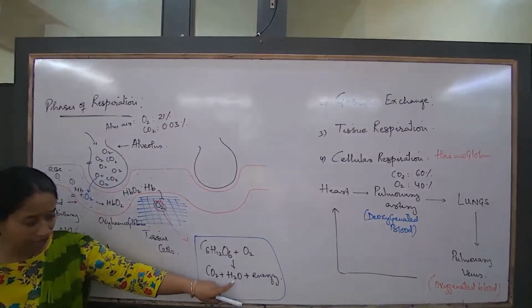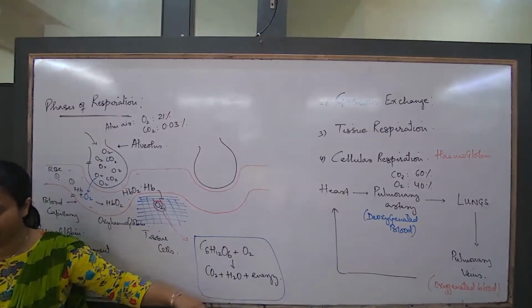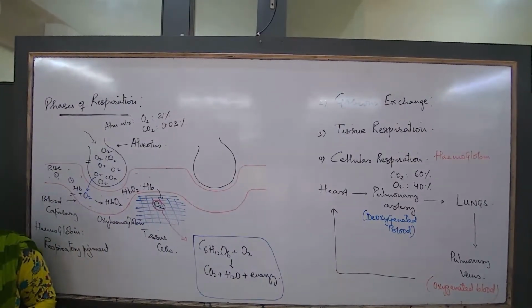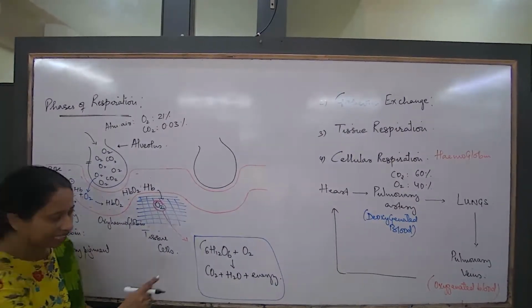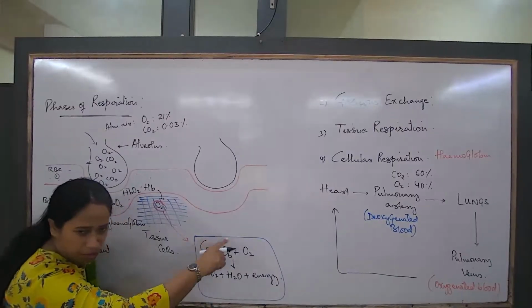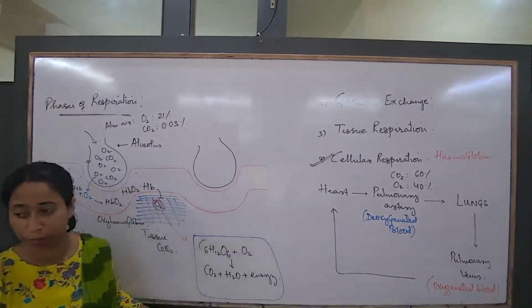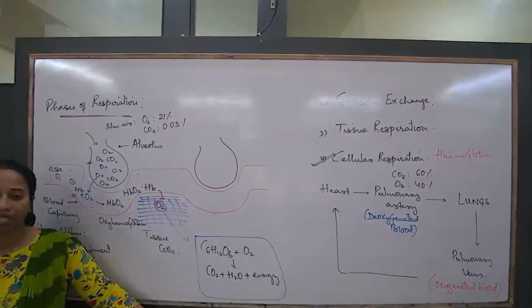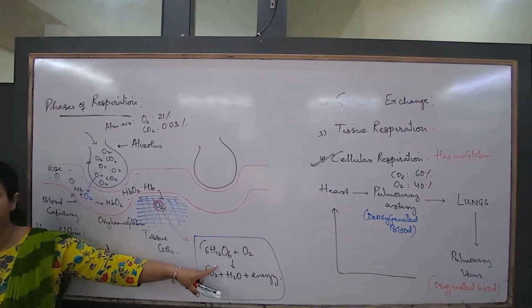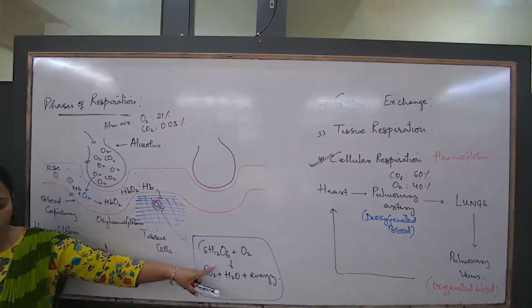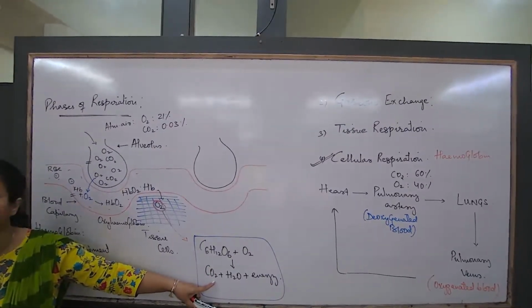Right now we are not talking about the water and the energy part, because we are trying to understand gaseous exchange, tissue respiration. But what is this process known as? This process is the fourth part that we are talking about. What did you write? Definition of cellular respiration: breakdown of glucose in the body cells in the presence of oxygen to give rise to carbon dioxide and energy.